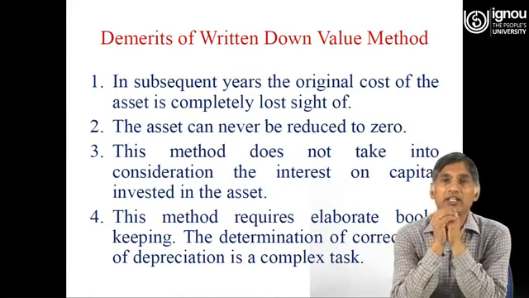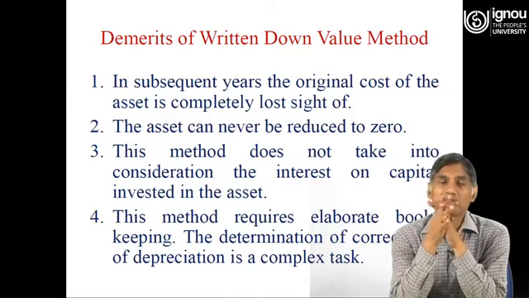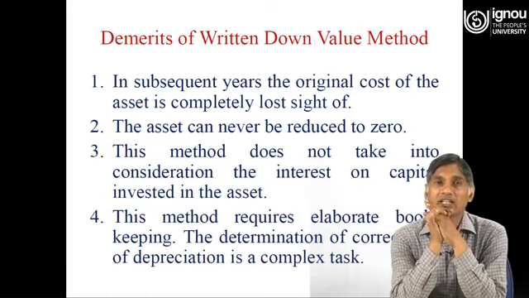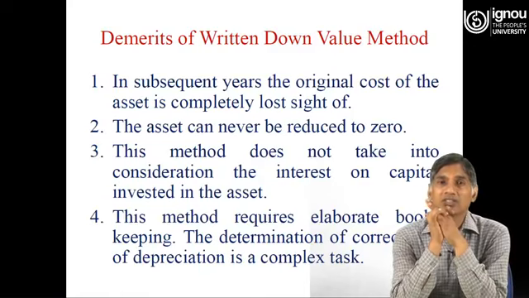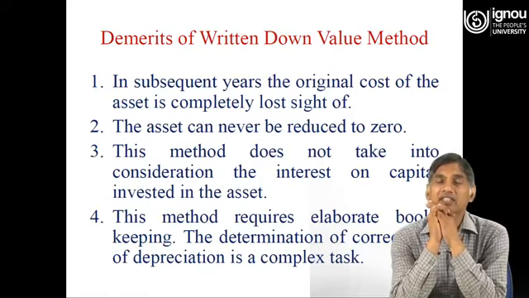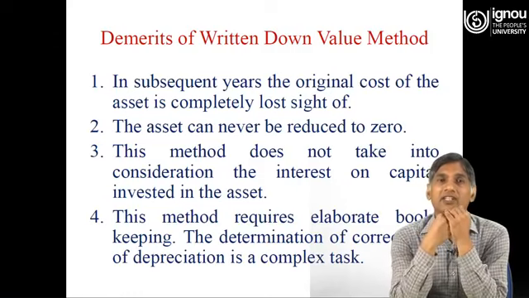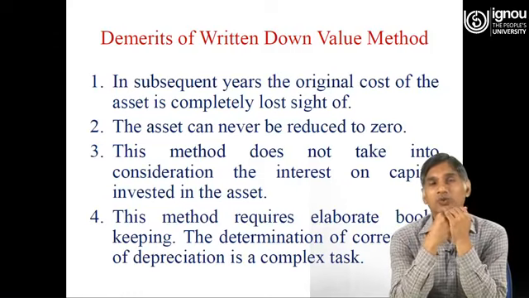Demerits of written down value method. So the first one is, in subsequent years the original cost of the asset is completely lost sight of. Yes, so in the later years the original cost of the asset is completely lost. The second one is, the asset can never be reduced to zero.